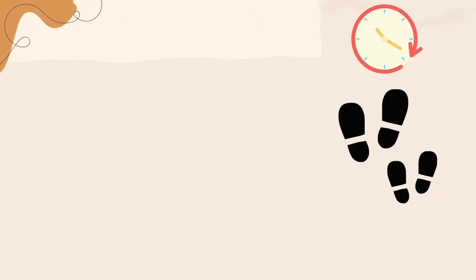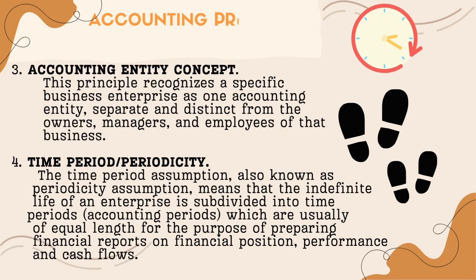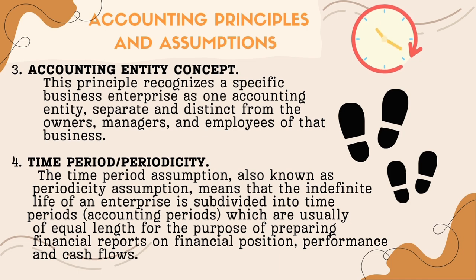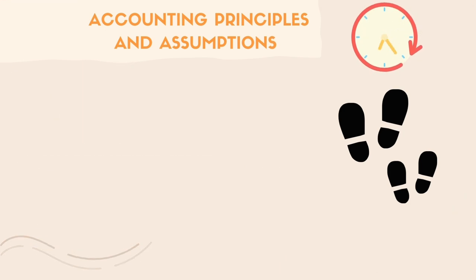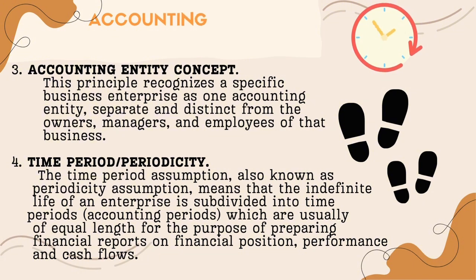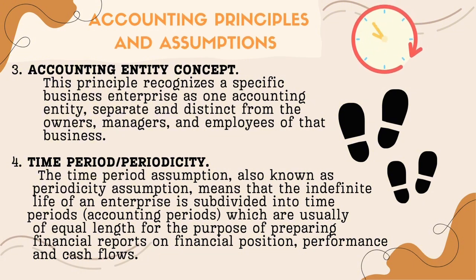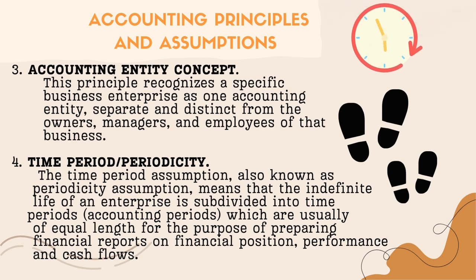It makes it easier to track the business financial performance without mixing it up with your personal finances. It provides clarity for legal and tax purposes, no? It helps in legal situations and tax filing because it makes it clear what belongs to you personally and what belongs to the business.